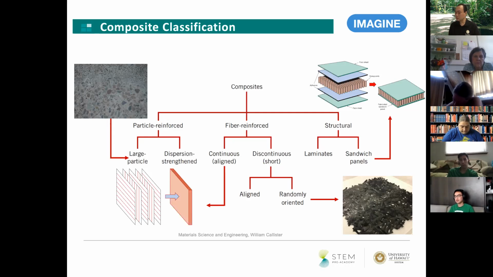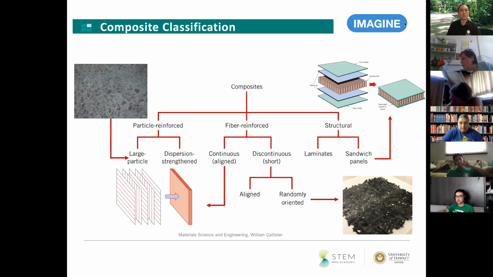There's fiber reinforced, which is what I work with, carbon fiber, where you can have long strands of carbon fiber, which is a continuous fiber composite. And then there's discontinuous fiber, which is what I specifically work with. That can be separated into aligned and randomly oriented, and I work with the randomly oriented discontinuous fiber composites.